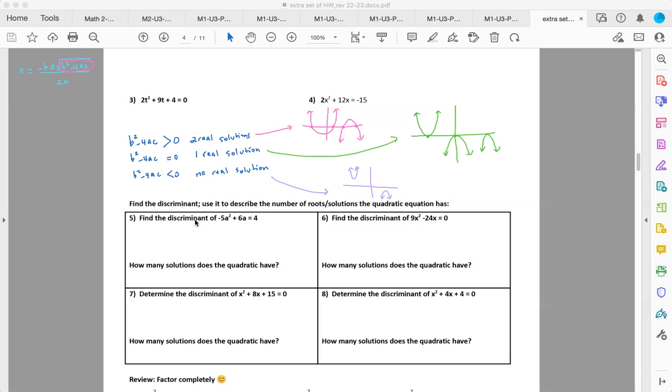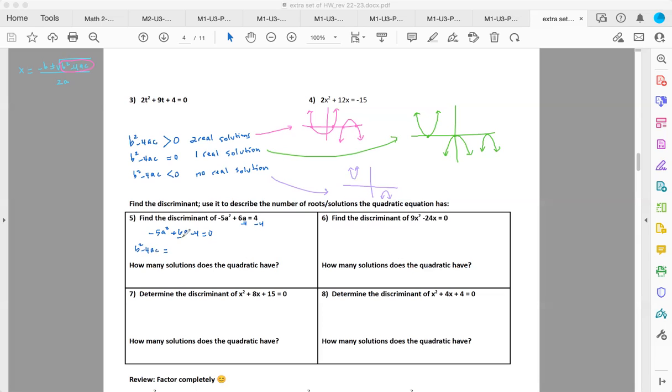I could choose any one of them. First things first, I need to write everything in order, everything to the left in the equation, which means I'm going to subtract 4, and 0 on the right-hand side. Remember, you're going to subtract 4 from both sides. From there, I'm going to find b squared minus 4ac.